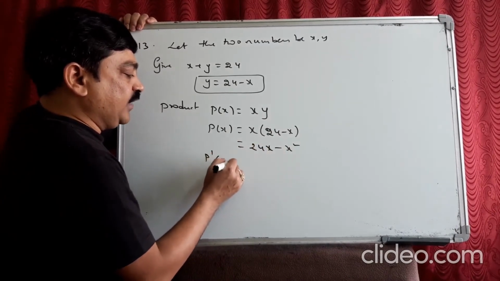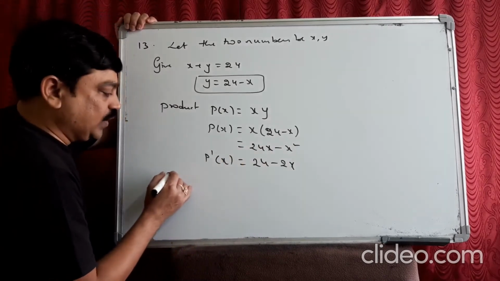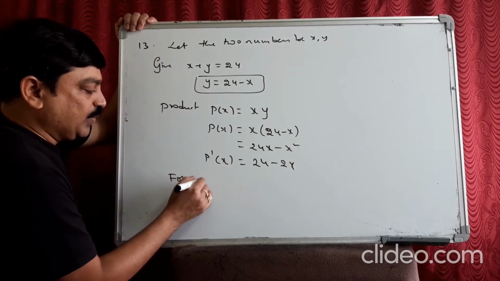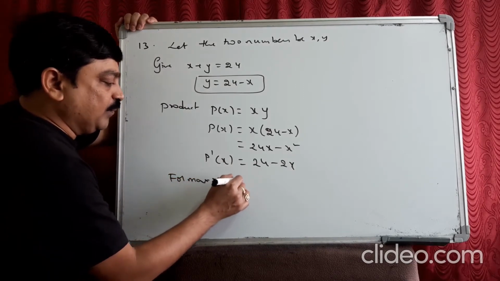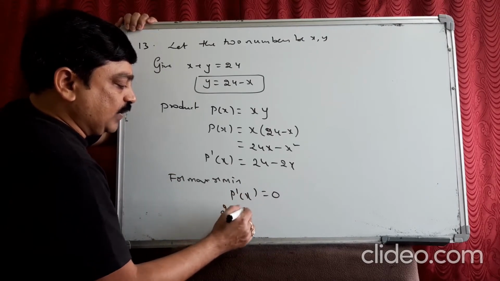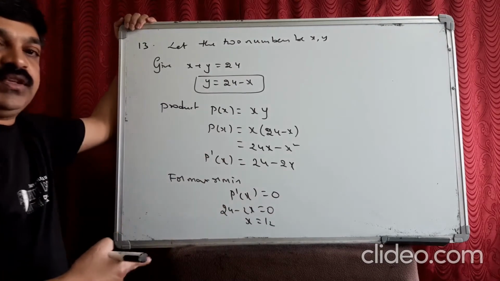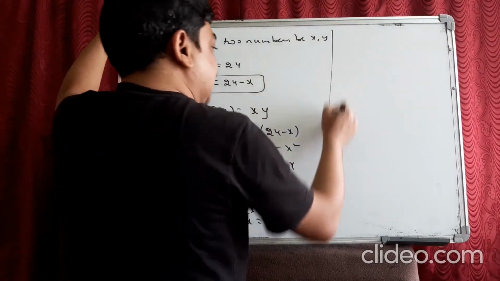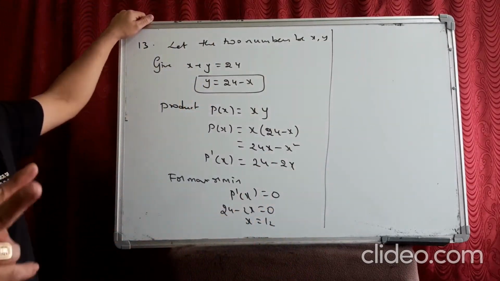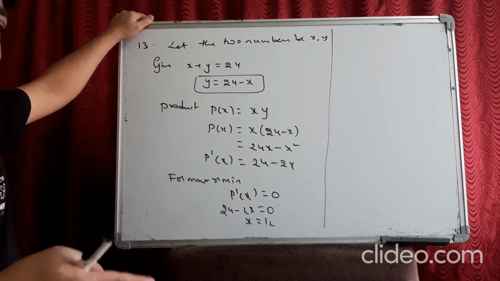Let us take the derivative, P dash of x is 24 minus 2x. What do we know for maximum or minimum? P dash of x is equal to 0. 24 minus 2x is 0, so x is equal to 12. After getting x, we have to check in the second derivative test whether this is giving a maximum or minimum value.